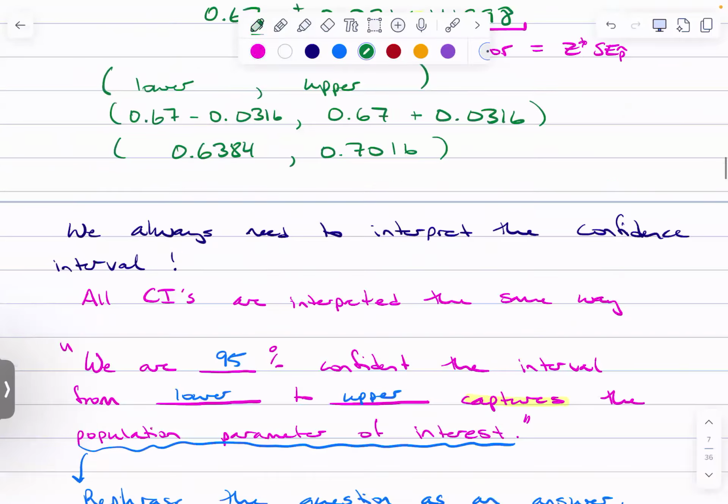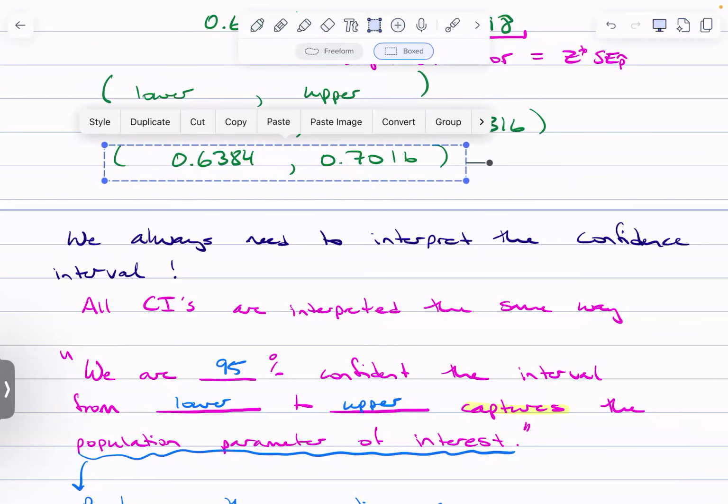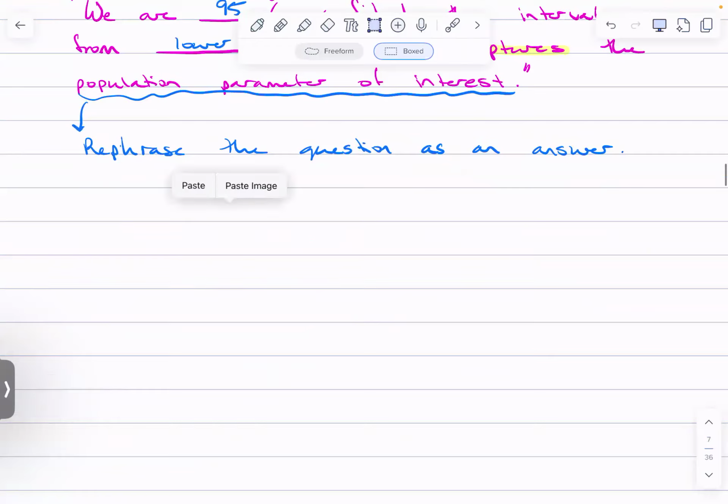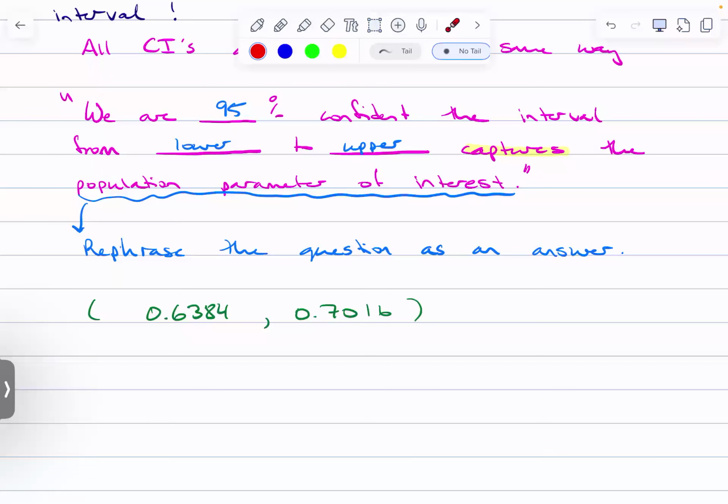So for our interval, I'll just copy it so I have it. To interpret this interval, we use the same setup. We're 95% confident because we built a 95% confidence interval.